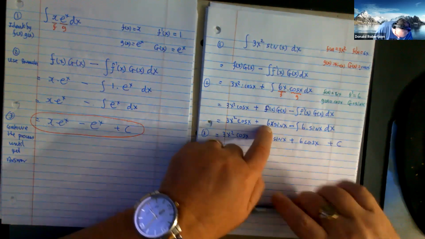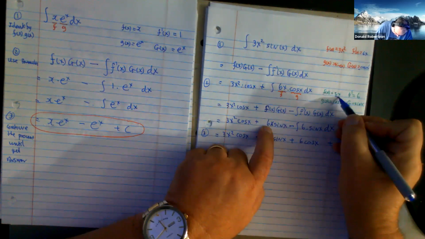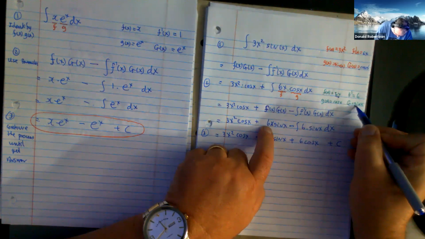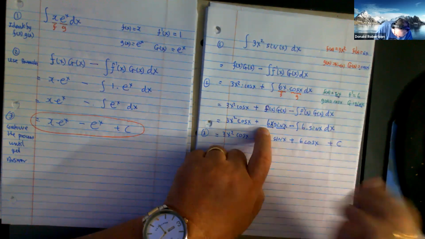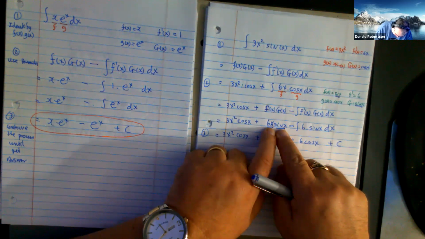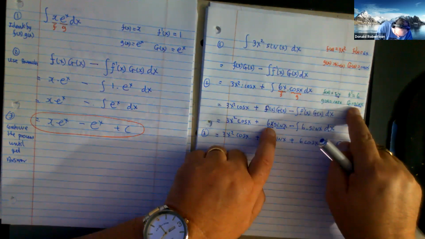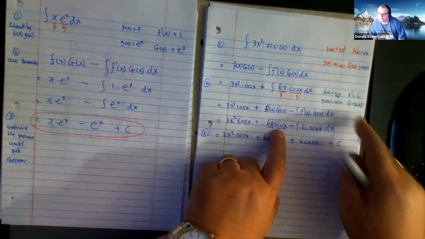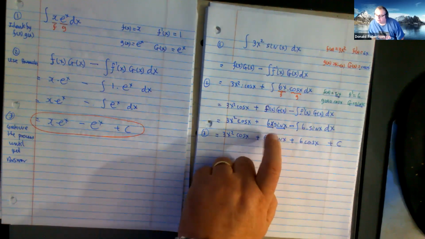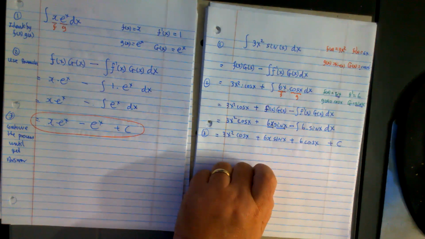So it's f of x, which is 6x, times capital G, which is sine x, 6x sine x. That seems to be okay. F of x, capital G, f of x, capital G. I don't think that's wrong. Are we good? Yeah. Okay.